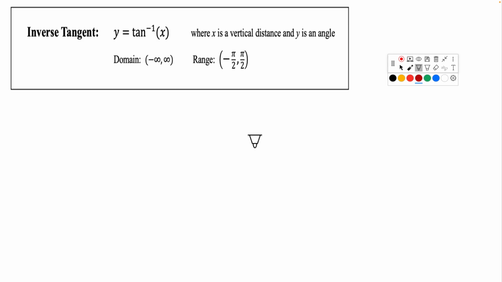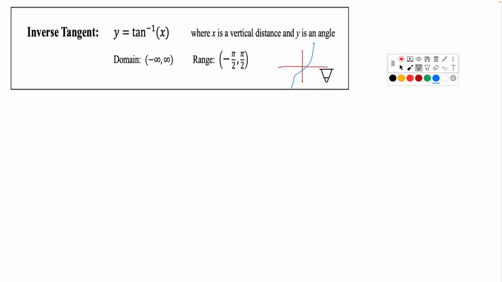Good. Tangent, again, we're just looking at how we're going to use these, and then this will integrate into some of the work we do a little bit later. If you remember, tangent will graph something like this, where it shoots off to infinity and it has asymptotes.